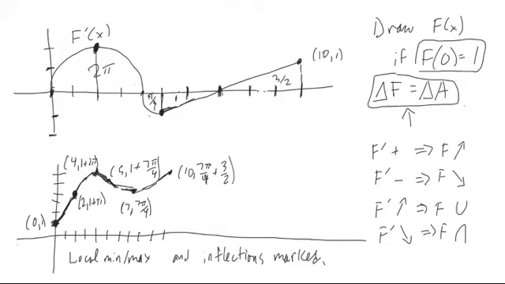Now, how can we figure out the inflection points? Notice in this graph, I've put in the inflection points. How do I know where inflection points are? Inflection points occur precisely where the second derivative changes sign. But you can actually see that in the graph of the derivative itself.